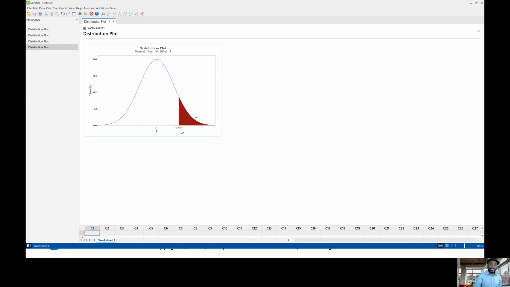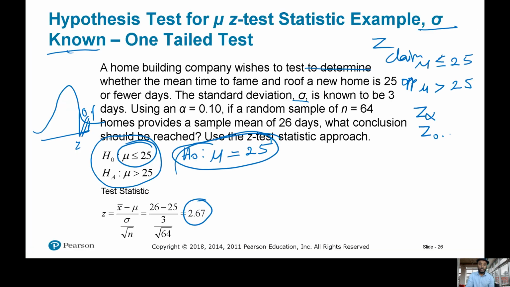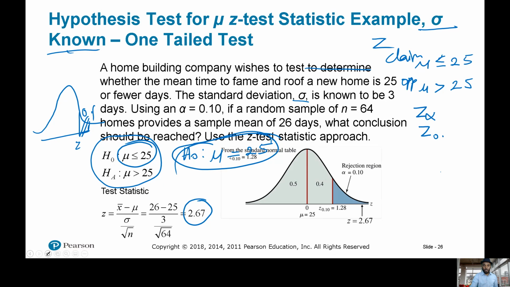The critical value is 1.282. And our test statistic is greater than the critical value. So which means our test statistic is in the rejection region. So our decision would be to reject the null hypothesis. All right, so 1.282, that's what we get from Minitab. And here is the distribution. So 1.28 to two decimal places.